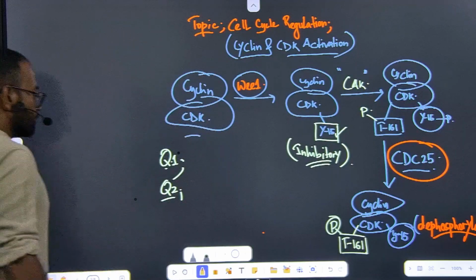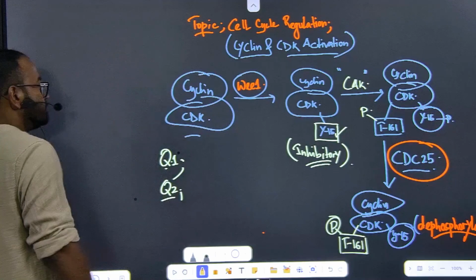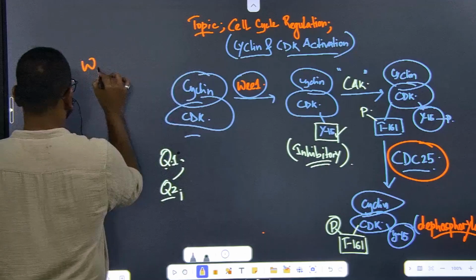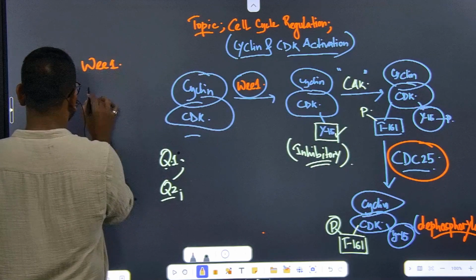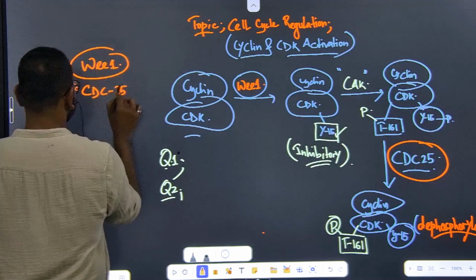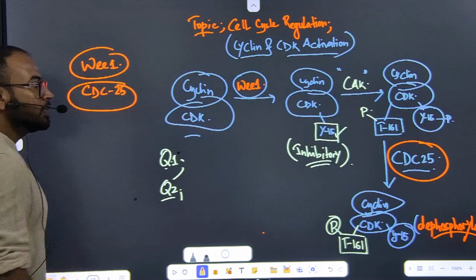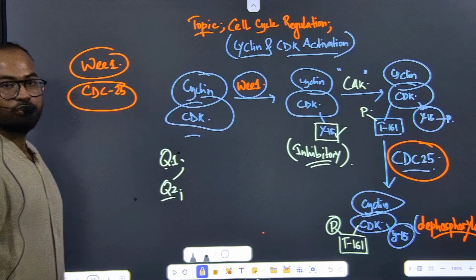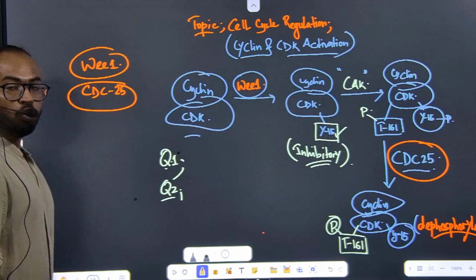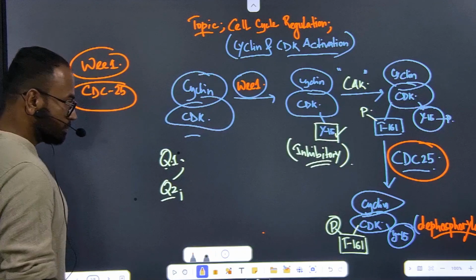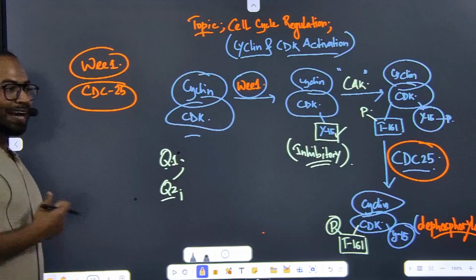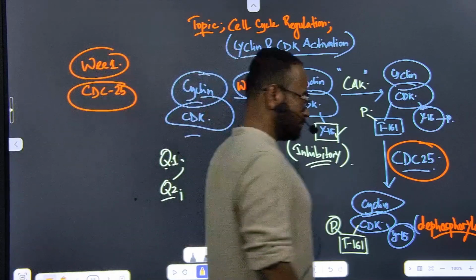Now the fact is, we have our V1 and we have our CDC25. Both of these proteins are regulatory. V1 initiates phosphorylation, and CDC25 promotes phosphatase activity. Now let's see.